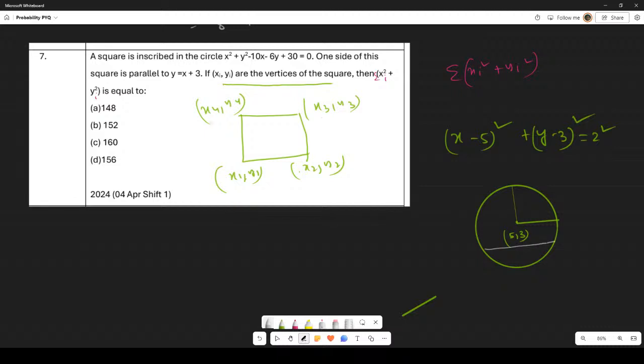Then root 2 a gives the side. Just assume this is not a rectangle. A, B, C, this is a square. So 5, 3 is the center and the radius is 2.